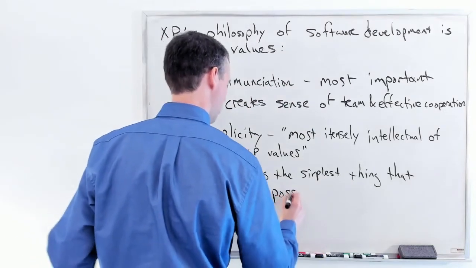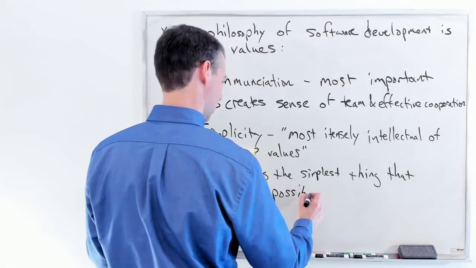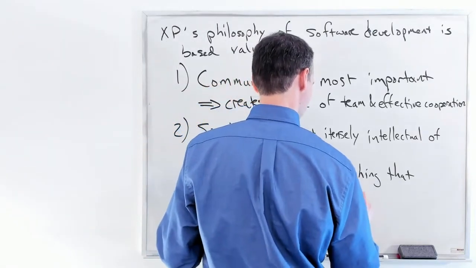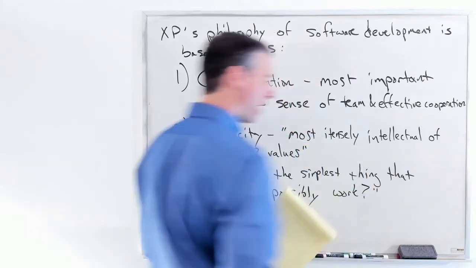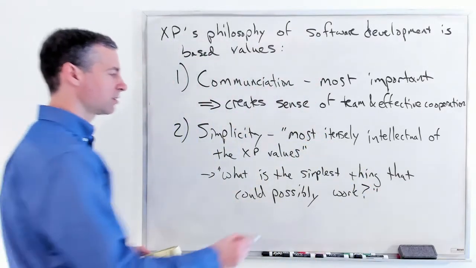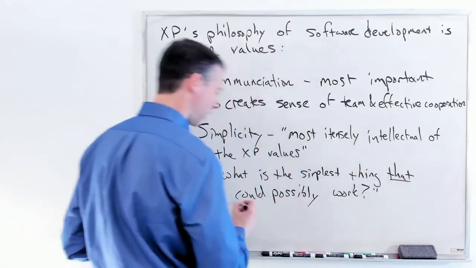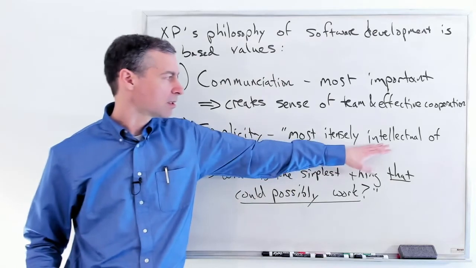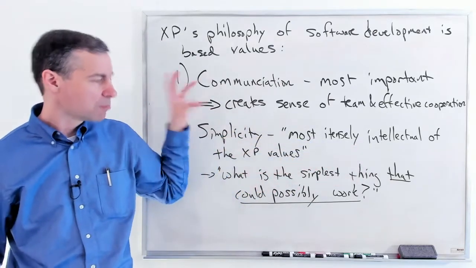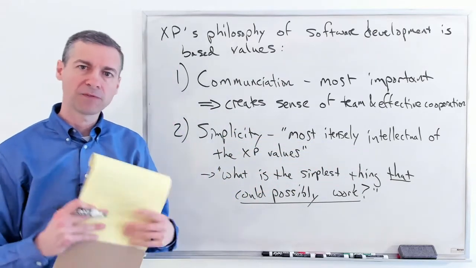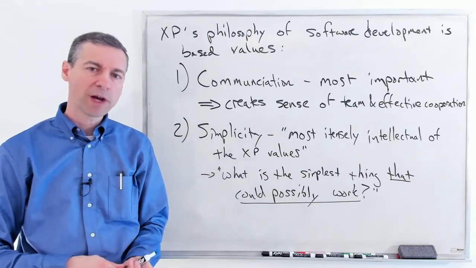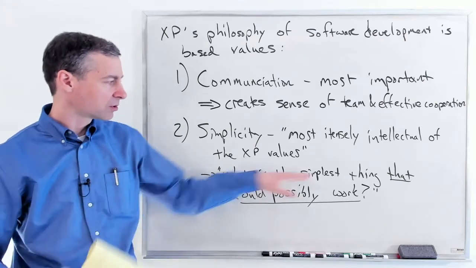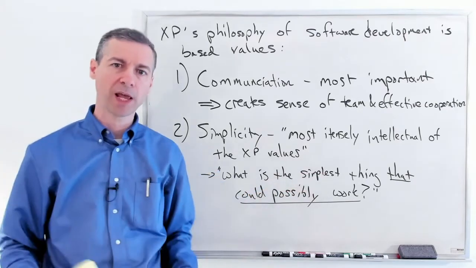Now, he says a lot of people criticize this idea of simplicity as a value because they'll say, well, if we do that, then we won't have this. And he says, no, don't forget, that could possibly work. And so this is why it's this intellectual, mentally hard value to achieve, because you actually have to work really hard to come up with the simplest solution to the problem at hand.